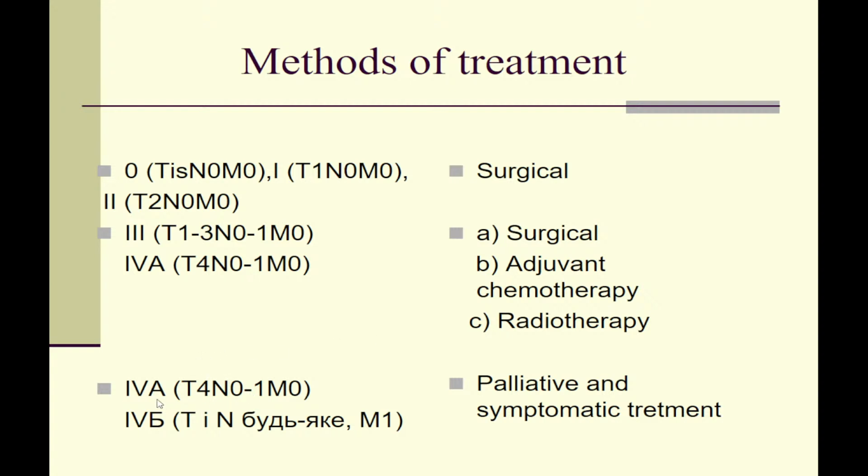In stage 4A, we must understand, maybe in these cases we can remove the tumor with adjuvant therapy and radiotherapy, or we cannot remove it because maybe the tumor is unresectable. It means in this case, with stage 4B, is palliative and symptomatic treatment.